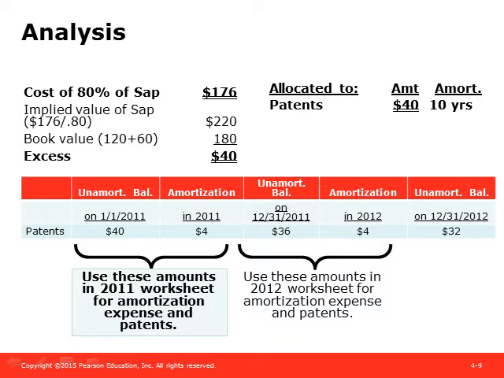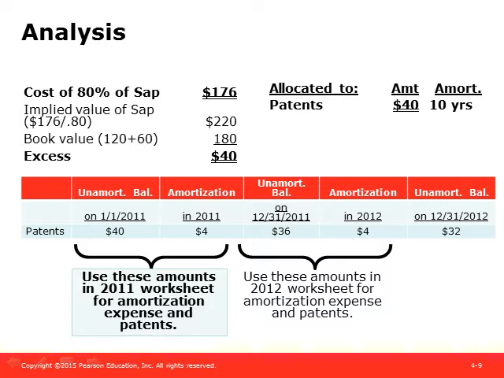So what we have to do is to recalculate what our net income is for SAP. And in order to do that, we've got to understand what the amortization is. If we look below, we see that for the patents on 1/1/2011, we had a 40K balance. They're amortized over 10 years, so we amortized 4K. This is used in 2011 worksheets for amortization expense and patents.